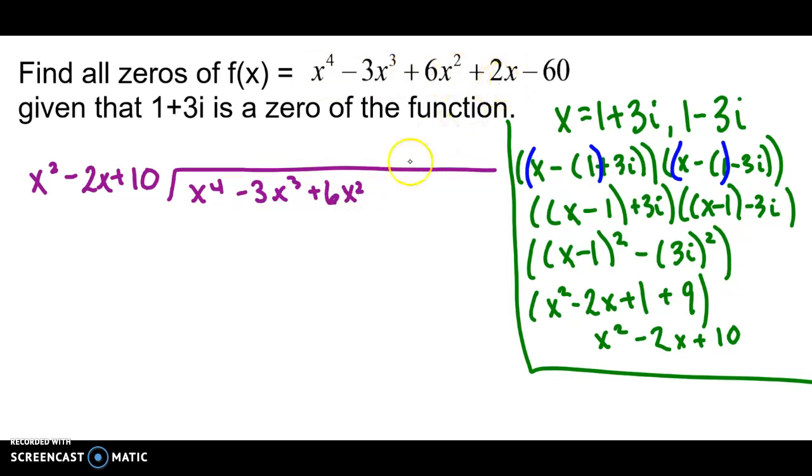Don't forget, if I'm missing a term, I want to have placeholders. I'm dividing x to the fourth by x squared, which gives me x squared. Go ahead and pause me and do the long division part on your own.